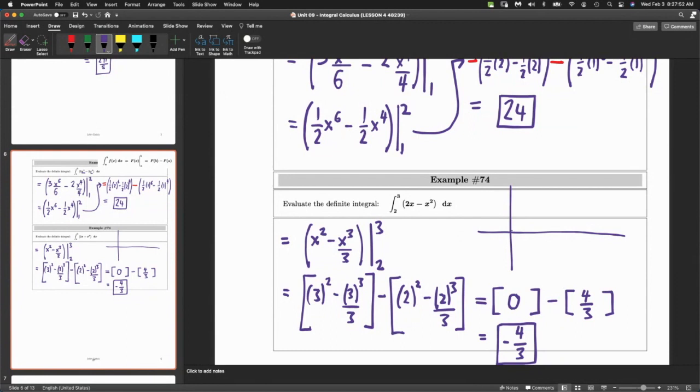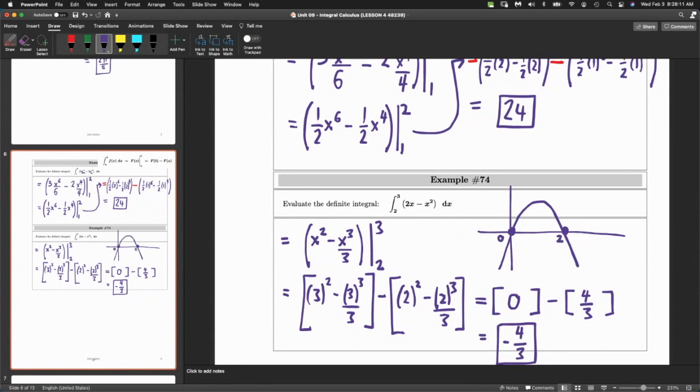So the x-intercepts are 0 and 2. It's a parabola.